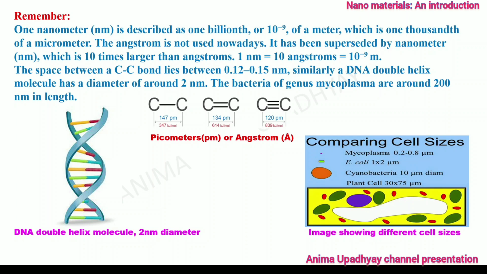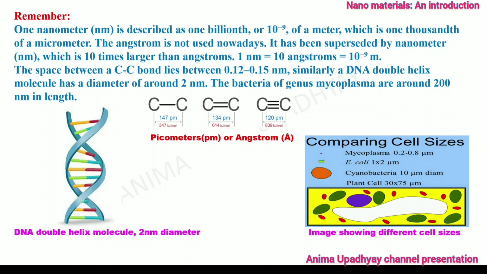The space of a carbon-carbon bond lies between 0.12 to 0.15 nanometers. Similarly, a DNA double helix molecule has a diameter of around 2 nanometers. The bacteria of genus Mycoplasma are around 200 nanometers in length.